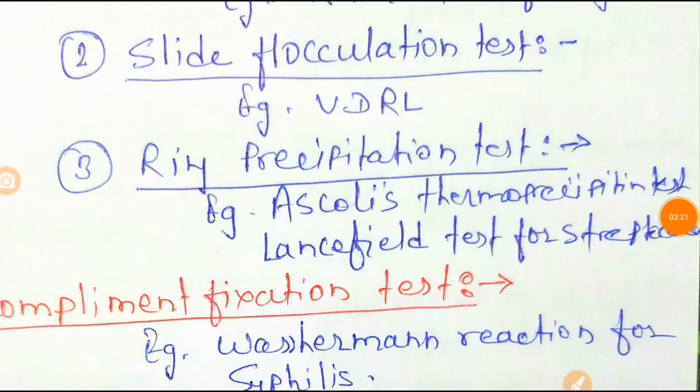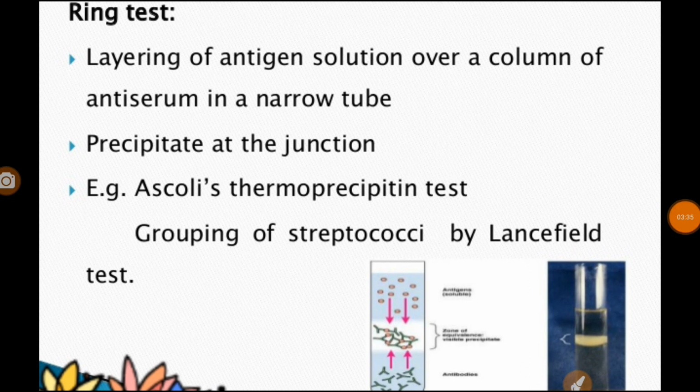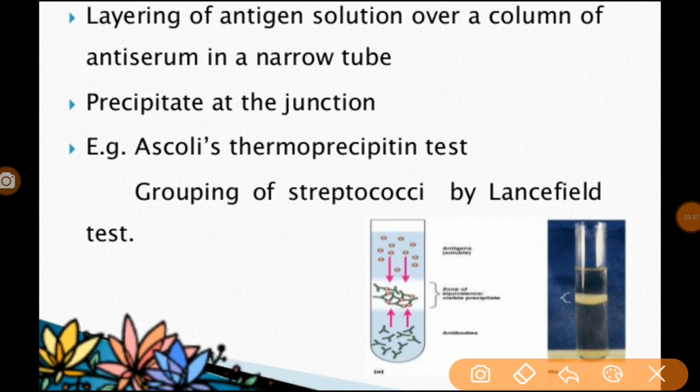Next one is the ring precipitation test. Examples are the Ascoli thermoprecipitation test and the Lancefield test for streptococcus. Here you can see the ring precipitation test. Here the antigen or antibody is present, and the reaction occurs.